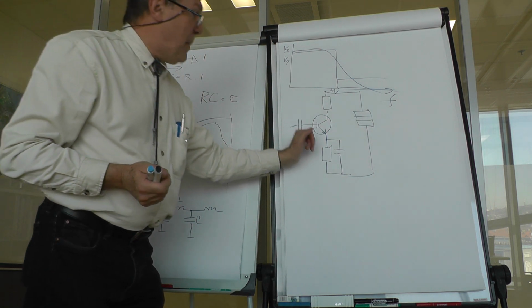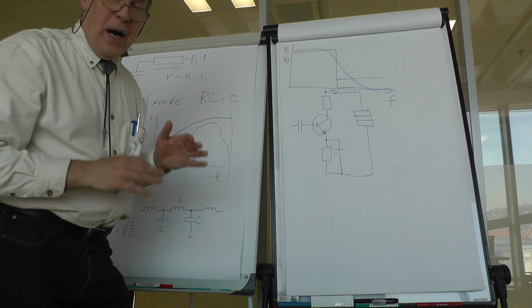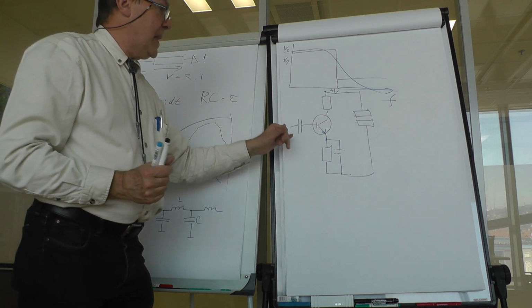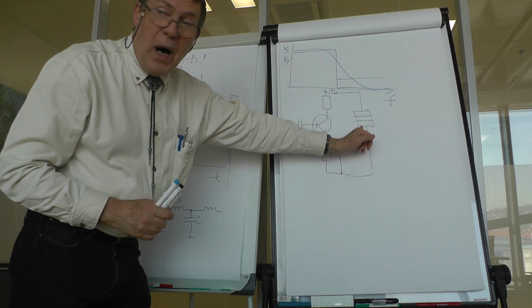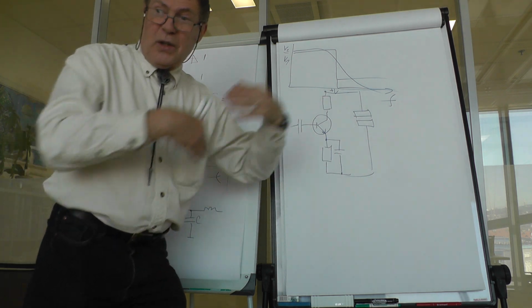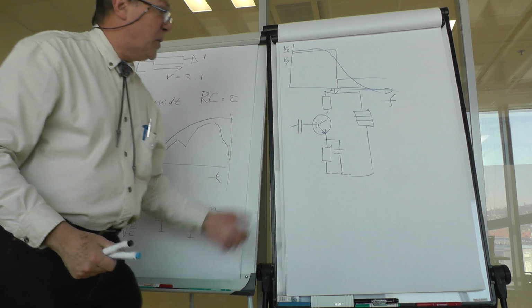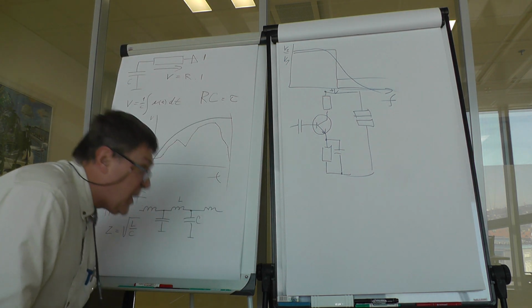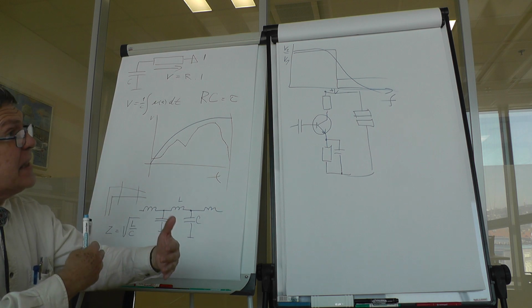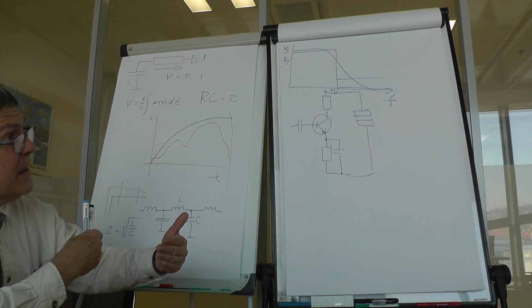Now those capacitors would have quite different values, and some of them, like the blocking one, might be an order of magnitude or 2 orders of magnitude bigger than this one, and that would cause a long time constant of some parts of the circuit.